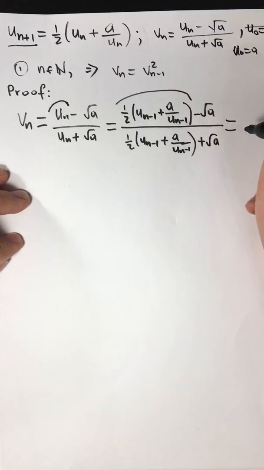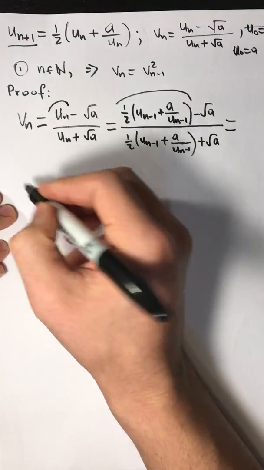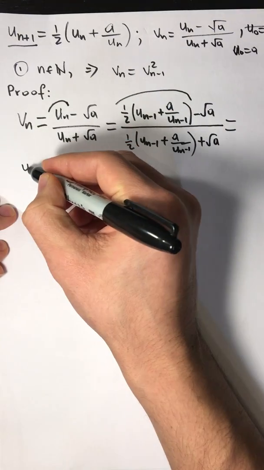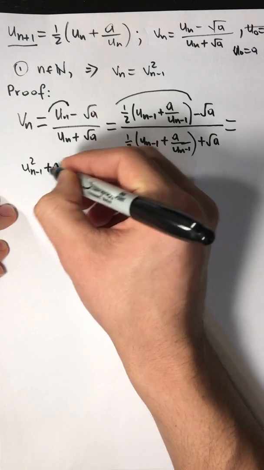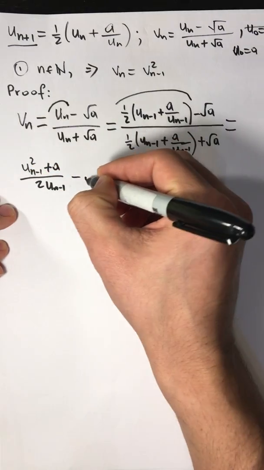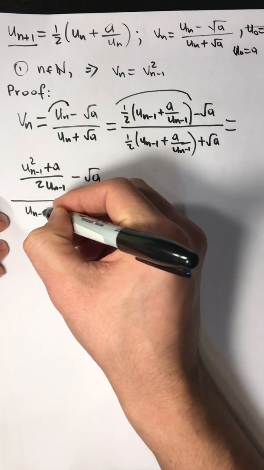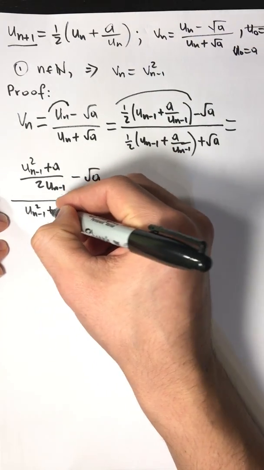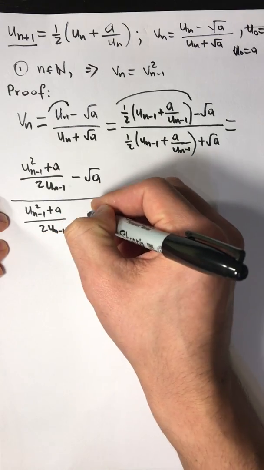And now all I do is calculation. So here, common denominator. What is it? 1 over, so u1 times. Okay, I'm just going to be doing it because it's basics, no talking. And the same thing with the denominator, un minus 1 square plus a divided by un minus 1 plus root a.